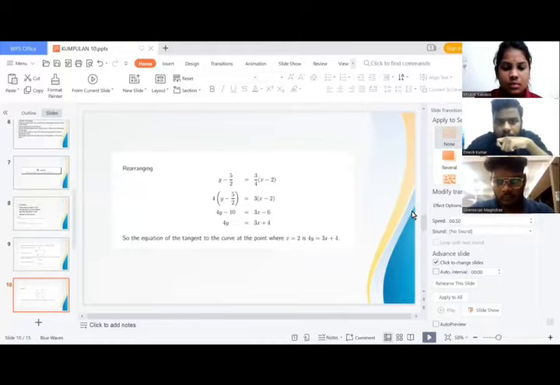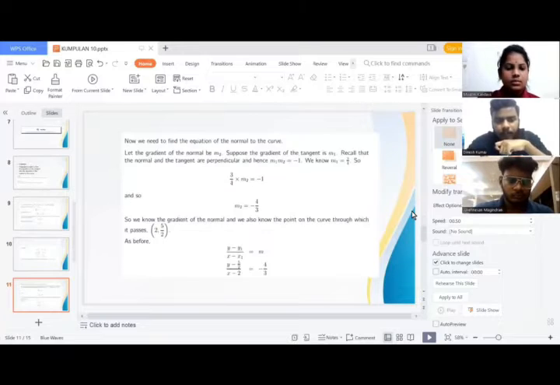So 4 times bracket y minus 5 over 2 is equal to 3 times bracket x minus 2. Multiplying out, we get 4y minus 10 equals 3x minus 6. Rearranging, 4y equals 3x plus 4. So the equation of the tangent to the curve at the point where x equals 2 is 4y equals 3x plus 4.